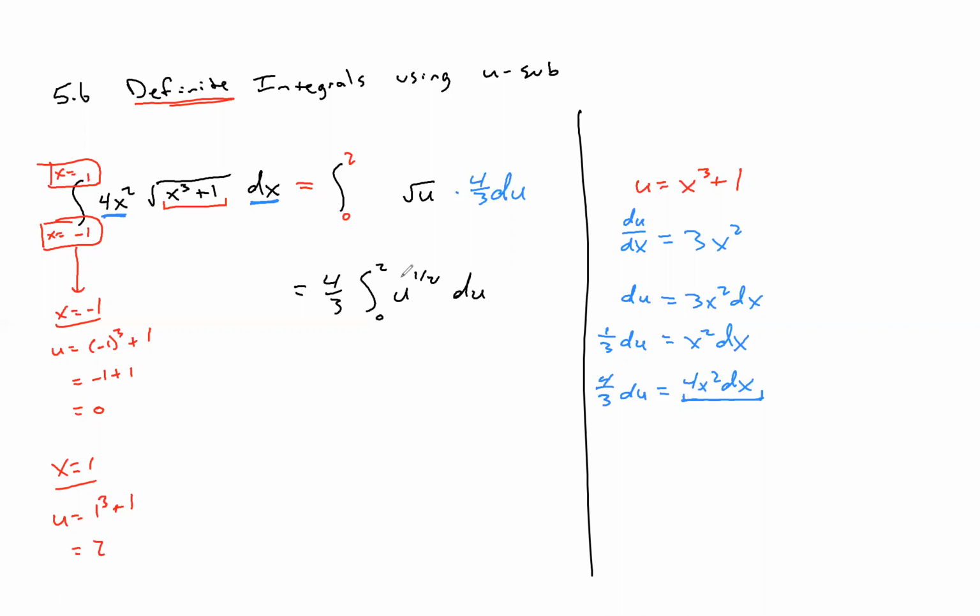And now again, this is just a simple antiderivative, right? This is just u raised to the power, so we use our integral version of the power rule. So I need to do 1/2 plus 1, u to the 1/2 plus 1, that's, let's see, u to the 3/2. And then I need to do 1 over that power, 1 over 3/2.